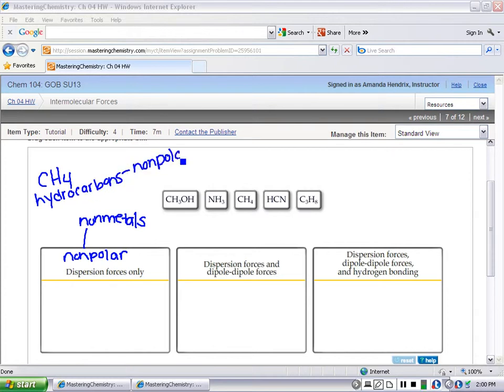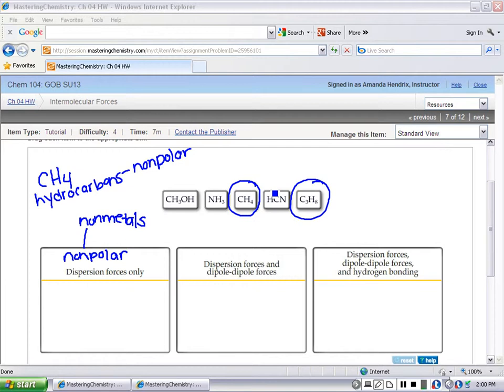You can check this with your electronegativity chart if you want to, but the electronegativity difference will be less than 0.4. So if we look up here, we've got methane, which is a hydrocarbon, and this is called propane, which is a hydrocarbon. These are going to be dispersion forces only, and we'll drag those down here in a few minutes.